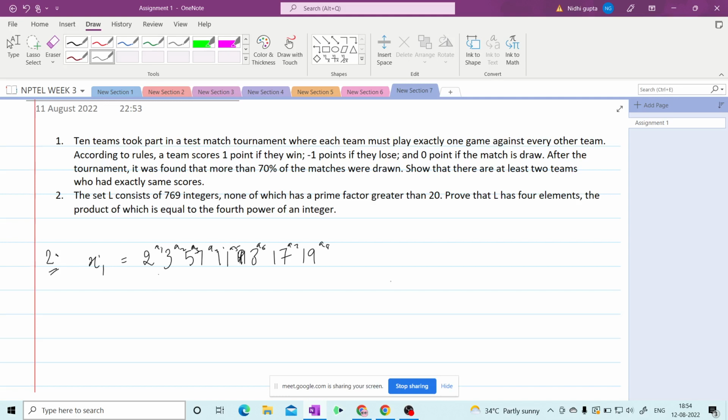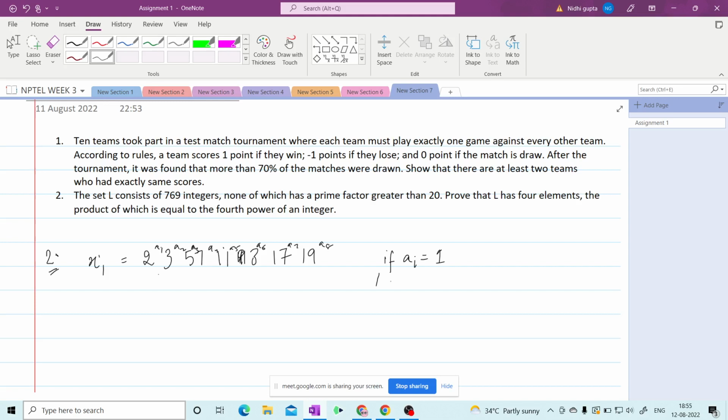If anywhere we keep the power exactly 1, we can have 8C1 possibilities. If we keep two prime numbers with the power exactly 1, then I can have 8C2 possibilities. 8C1 plus 8C2 plus 8C3 up to 8C8 is 2 raised to the power 8 minus 1.